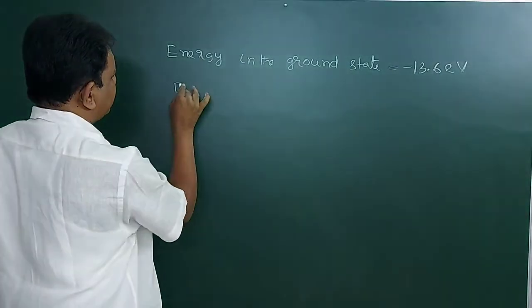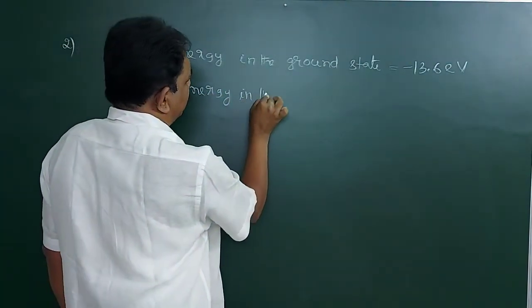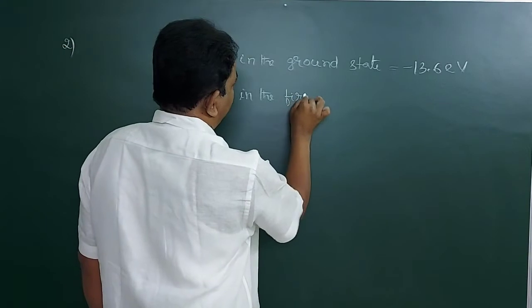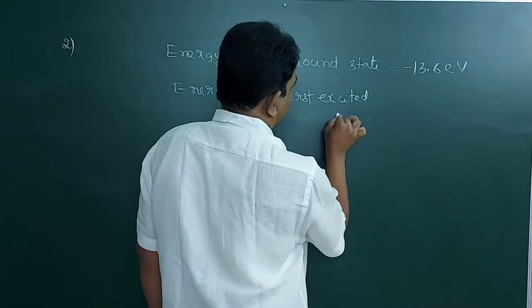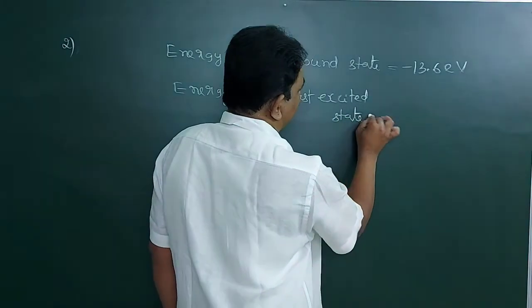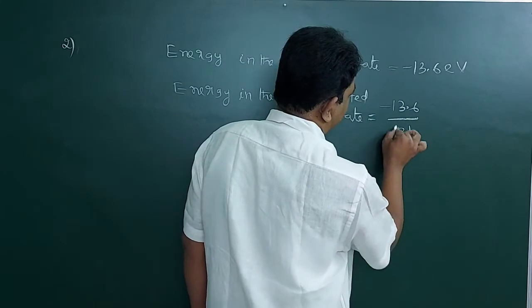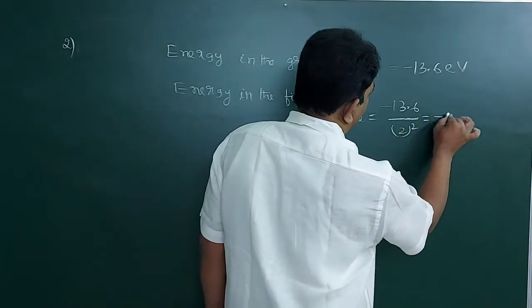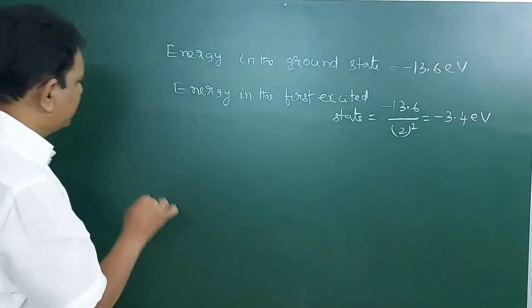Next, energy in the first excited state: minus 13.6 by 2 squared, first excited state means n equals 2, which is minus 3.4 electron volt.